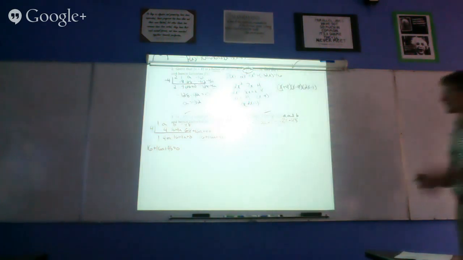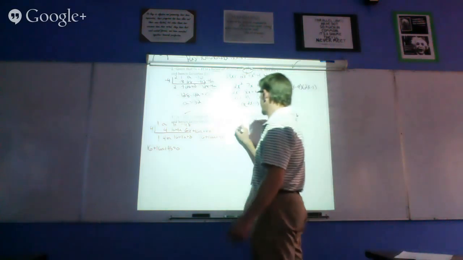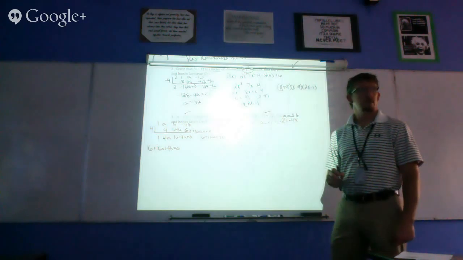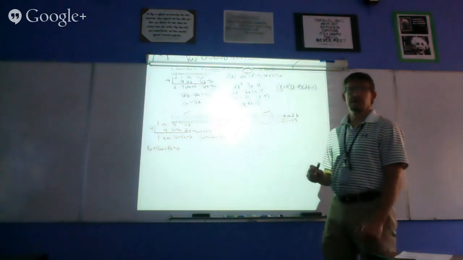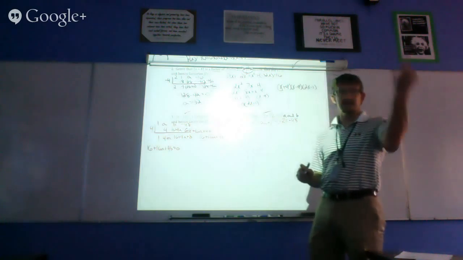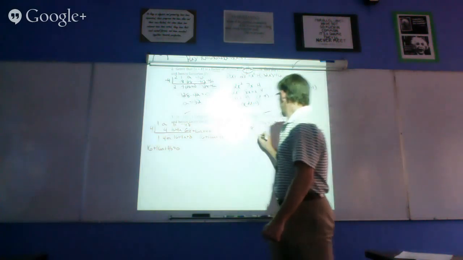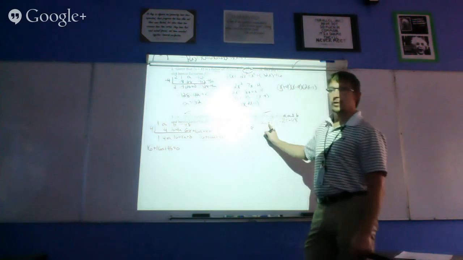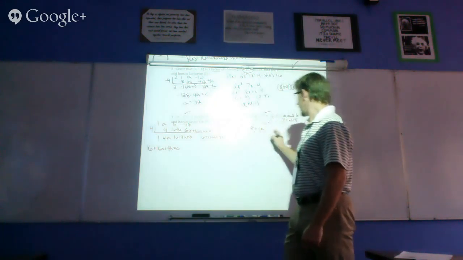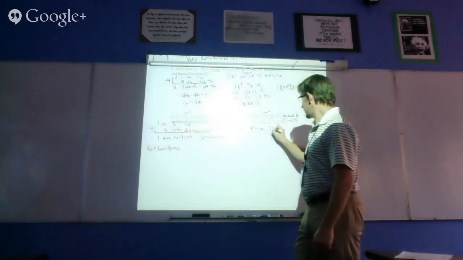Nothing to do with the negative 12, so just keep it. What's negative 2 cubed? Negative 8. Negative times negative times negative. Negative 2 squared is 4, so we get plus 4a.